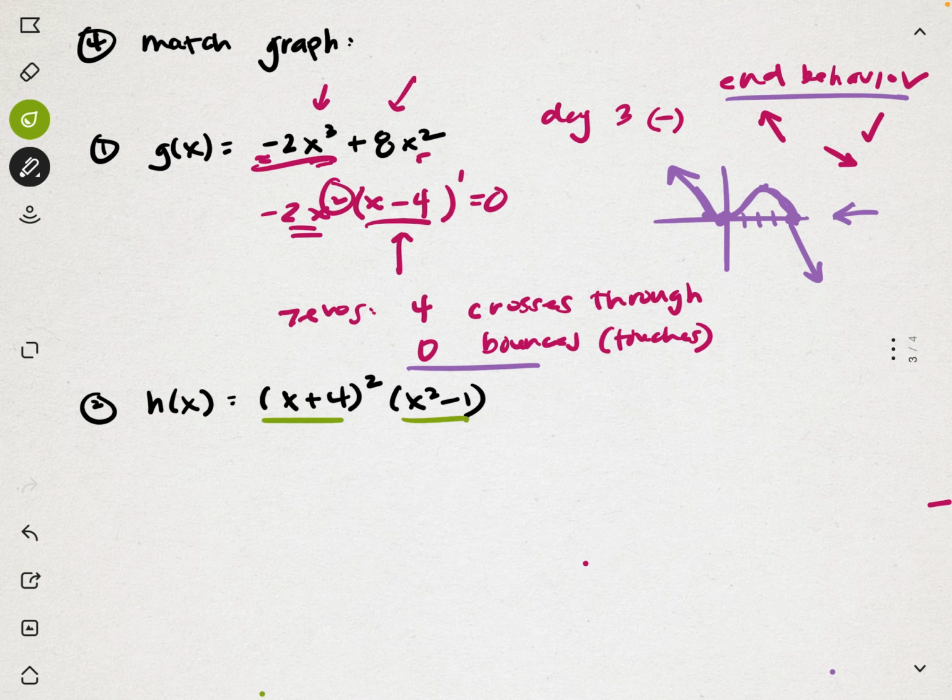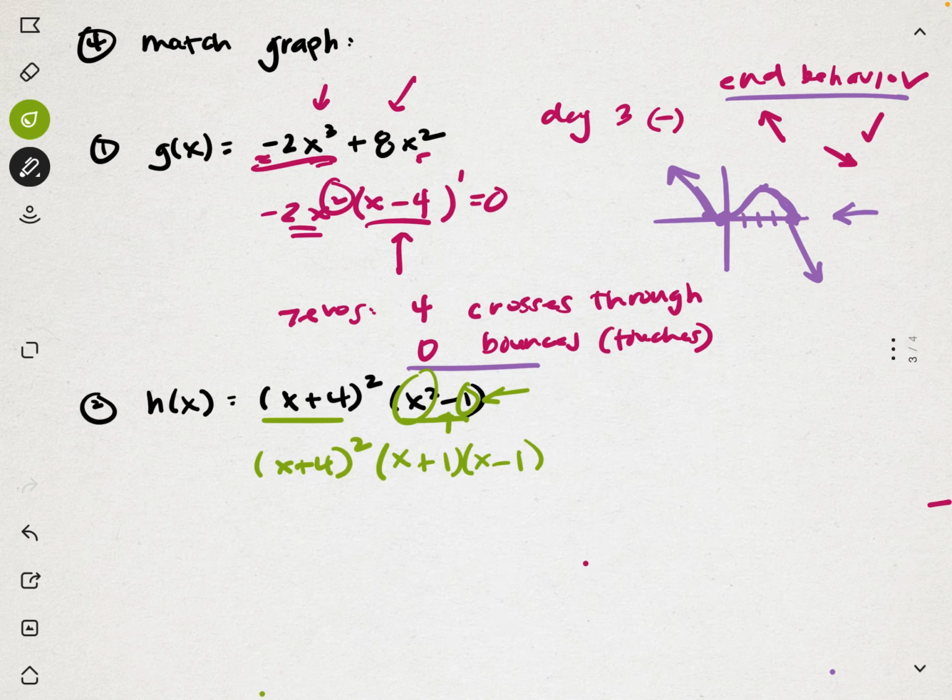Notice anytime we have a perfect square here and a perfect square there with a minus in between, we can rewrite that as x and then the square root of the last term, and it's going to have a plus and a minus in there. Right, so we have x plus 4 squared, and then x plus 1, x minus 1.